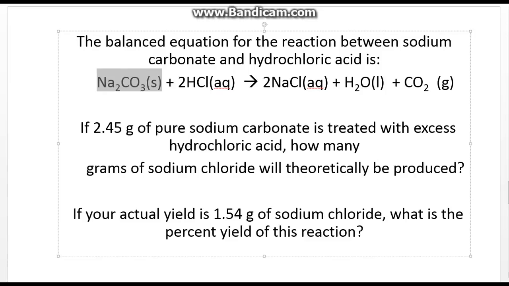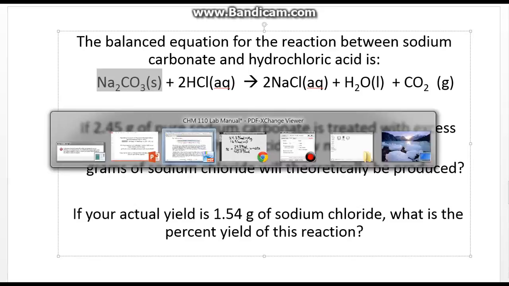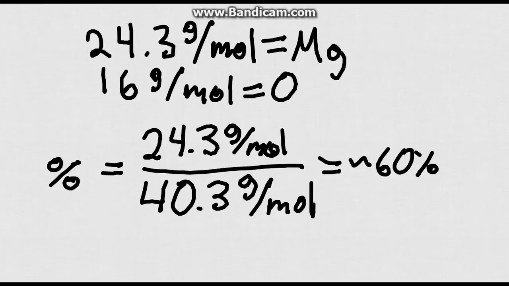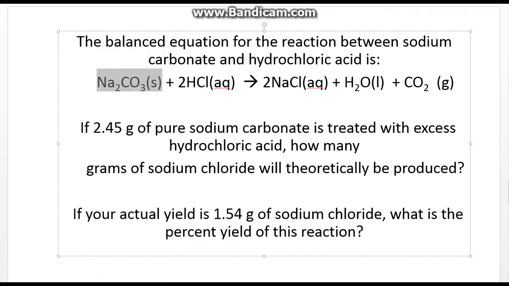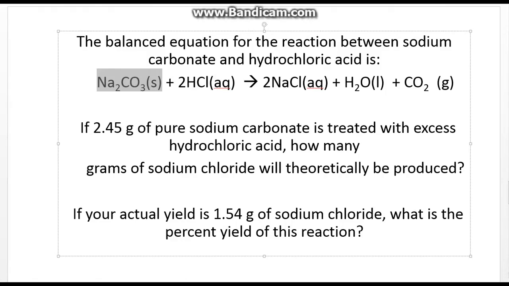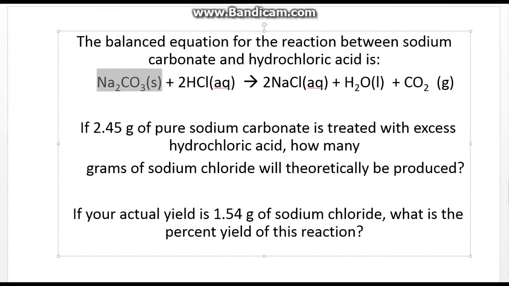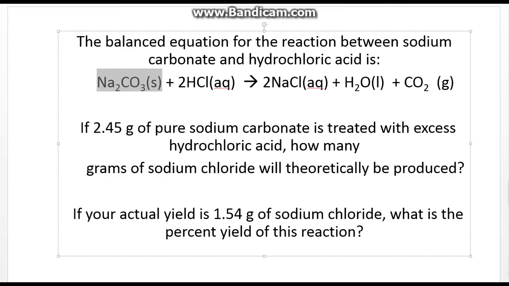So let's go ahead and do this calculation. I'll be switching between screens, so hopefully you don't get too dizzy. We have 2.45 grams of sodium carbonate, Na2CO3, and we are trying to react that with hydrochloric acid.